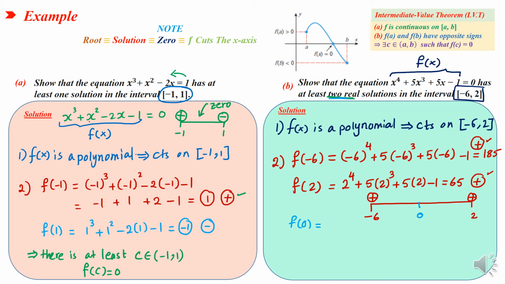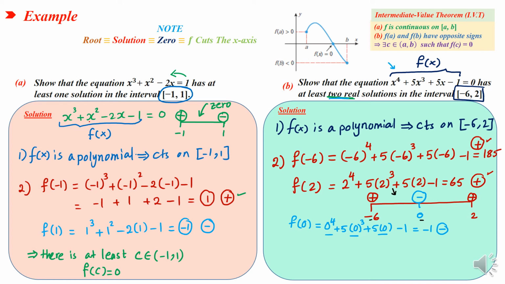Now for f of 0, you plug in 0 here, and you'll get 0 to the 4th plus 5 times 0 cubed plus 5 times 0 minus 1. All these terms are 0, minus 1. This equals negative 1, which means that f of 0 is negative. So as you see, f of negative 6 is positive and f of 0 is negative.